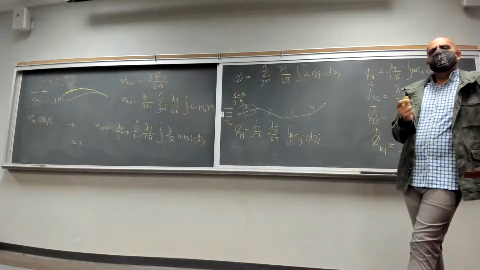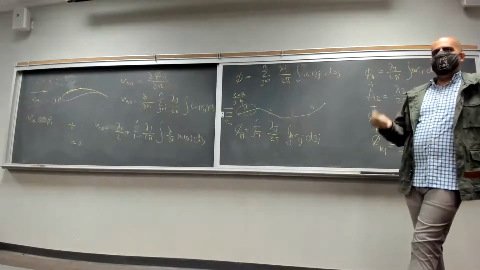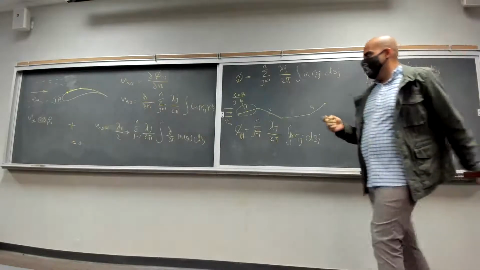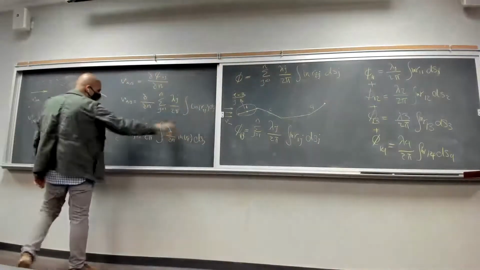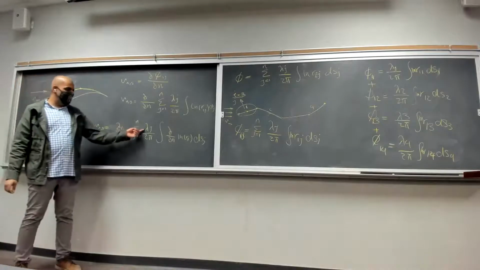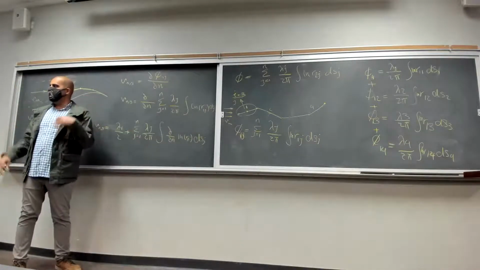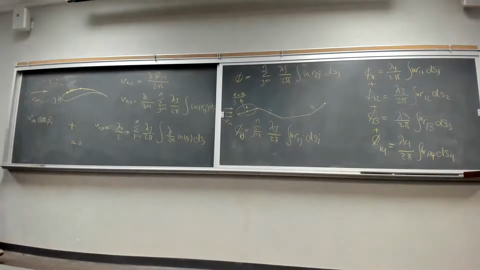The only thing you really don't know here is the lambdas, the strength of the panels, right? So for this one we have one equation, but we have sigma lambda j. We have lambda of all the panels. If you have 4 panels, we have 4 lambdas. So we have one equation and 4 unknowns. What should we do? What's the solution to this problem?